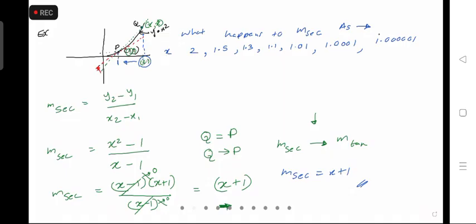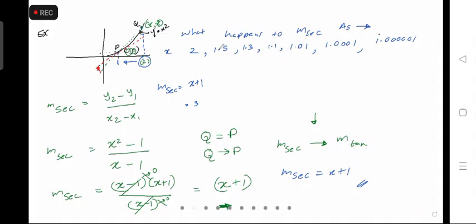If we apply 2 here, then what happens to the gradient of the secant? You can apply number 2 here, then it is equal to 3. The gradient is 3, because at the point x equal to 2, Q is there. Yes, it's okay.